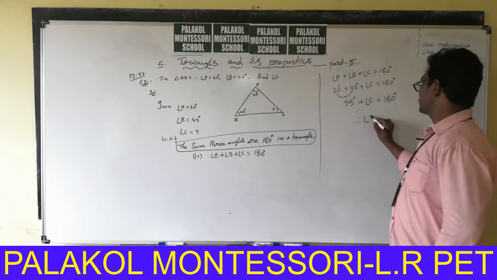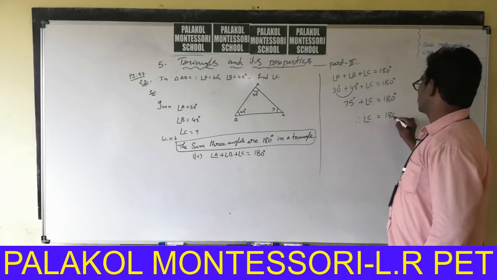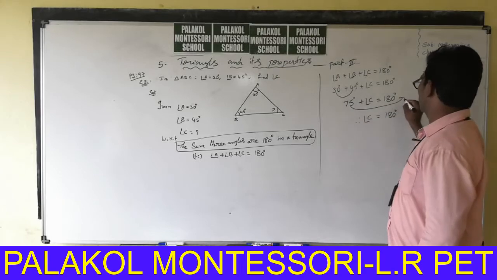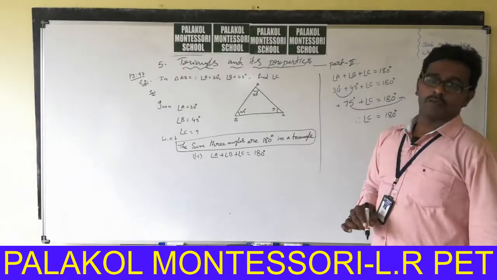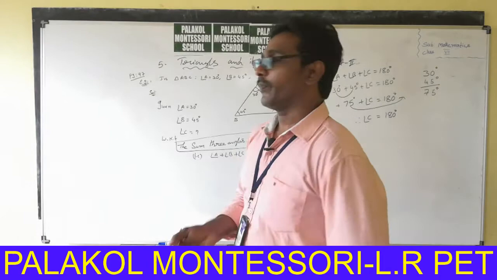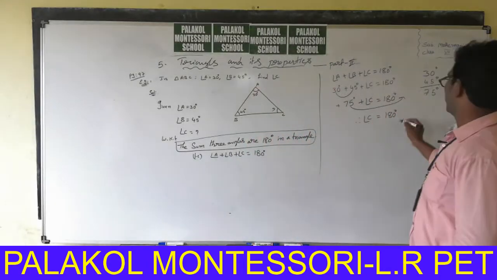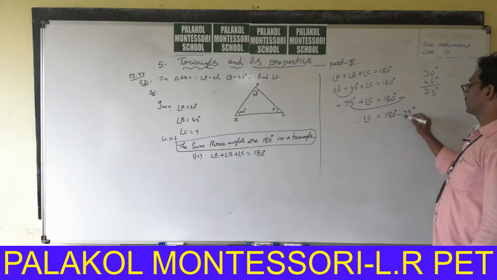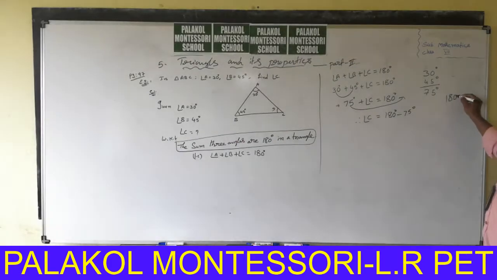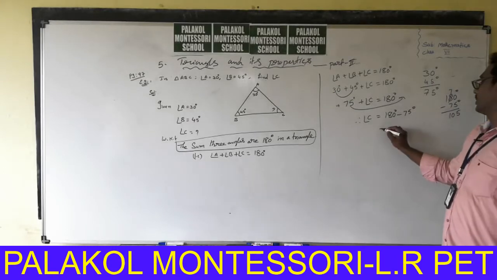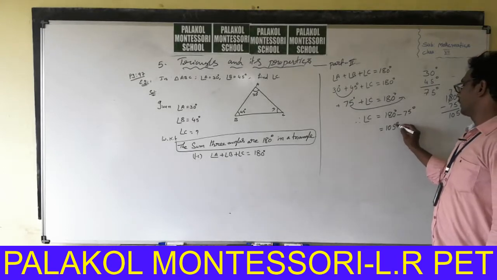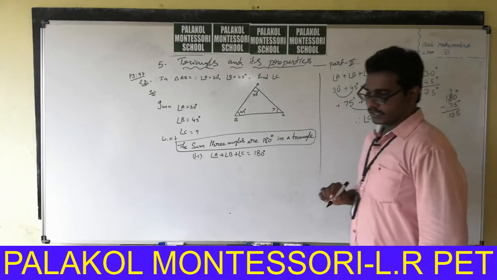You want angle C, so 75 sent to the other side becomes minus 75 degrees. 180 degrees minus 75 degrees is 105 degrees. Is it clear?